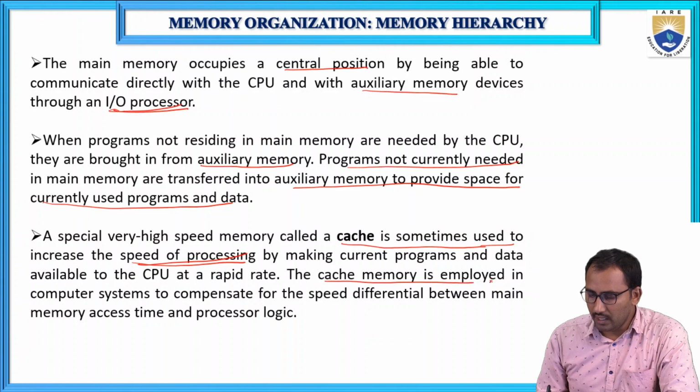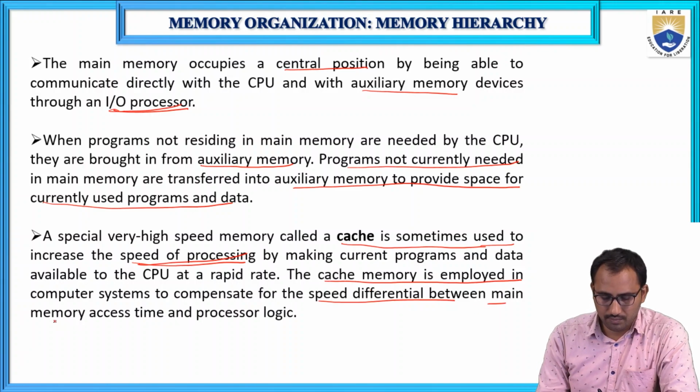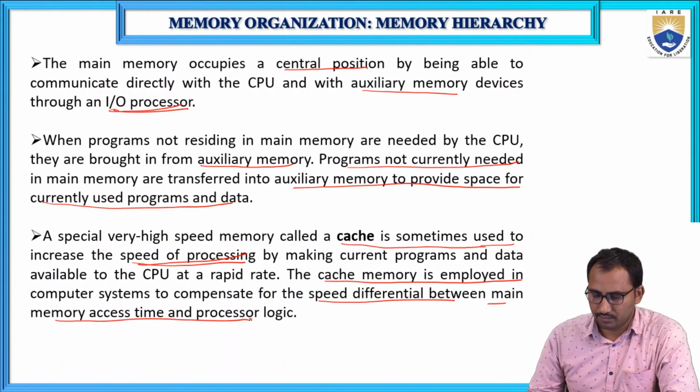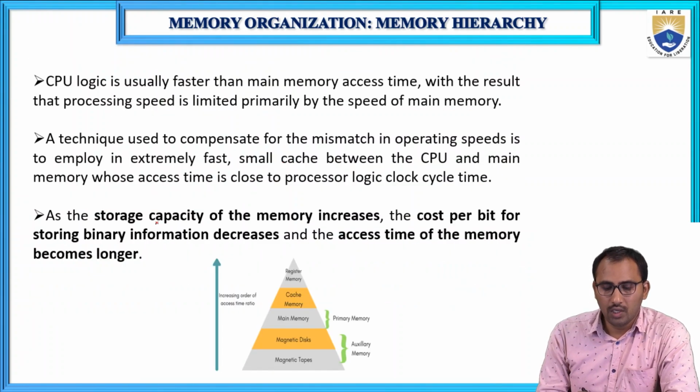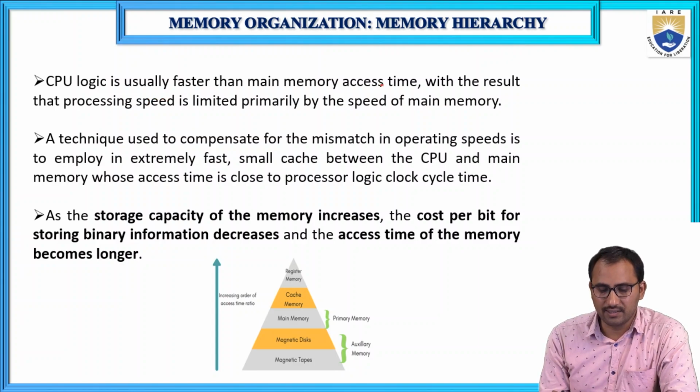This cache memory is employed in computer systems to compensate for the speed differential between the main memory and the CPU. The CPU logic is usually faster than main memory access time.